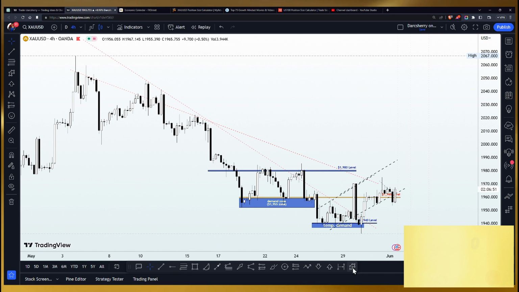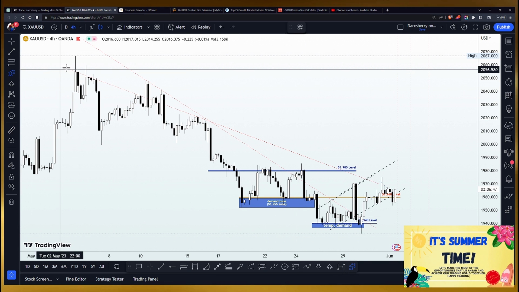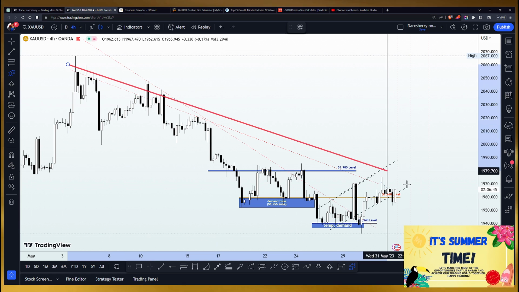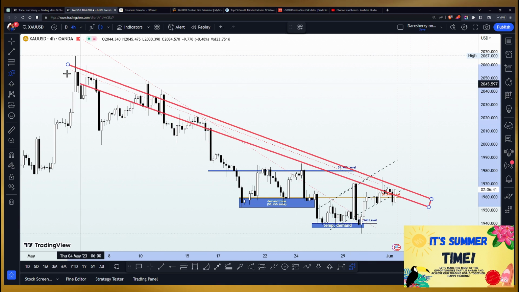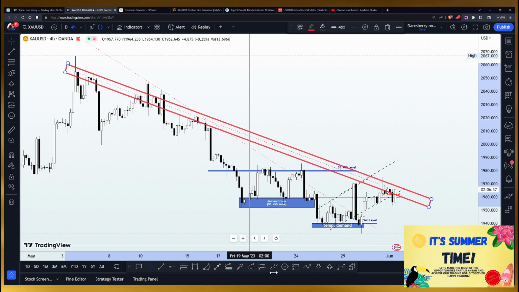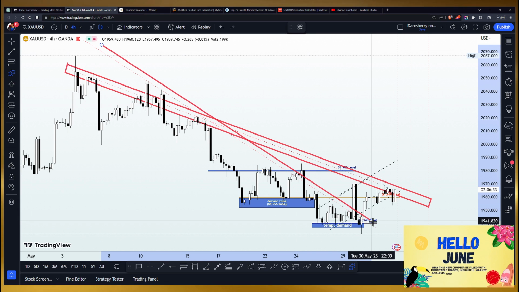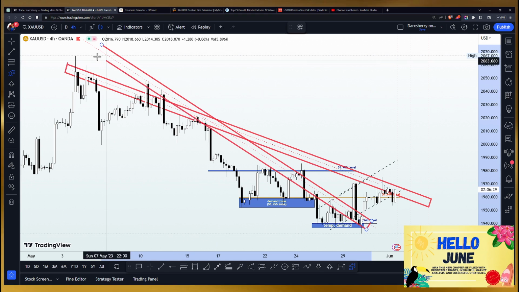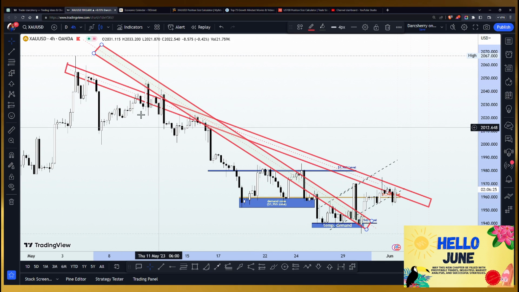And to emphasize the strength of the sellers, we had a couple of trend lines. Remember, we had the first trend line here, which price action is currently trading at right now, and then we had the second trend line, around this area here, from here to here, which price action broke out of at the beginning of the week to give us the signal to buy the XAUUSD.